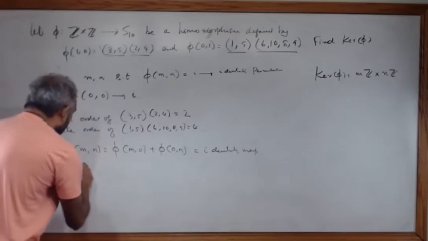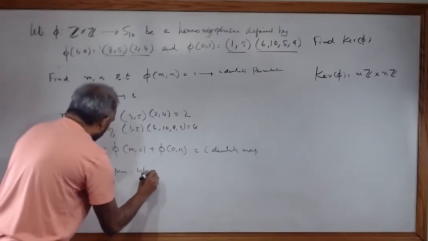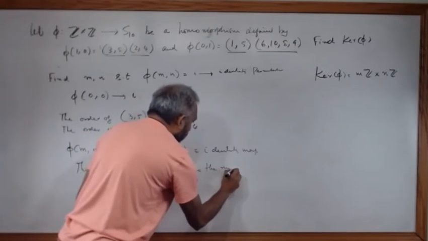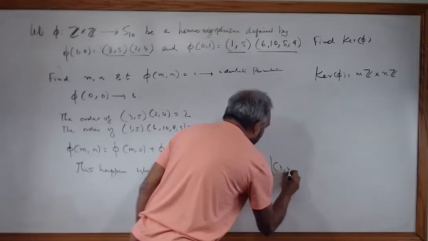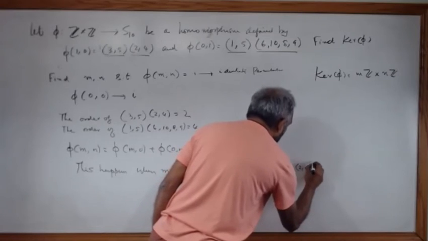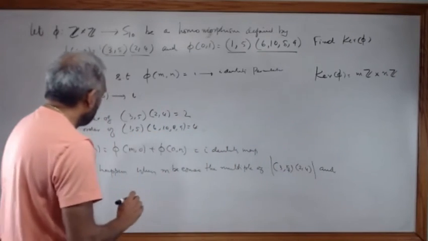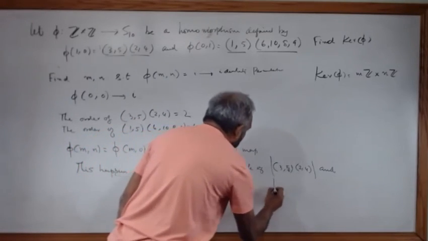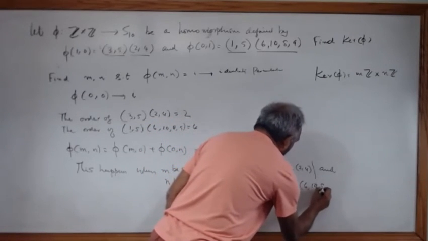So this happens when m becomes a multiple of the order of (3 5)(2 4), and n becomes a multiple of the order of (1 5 6 10 8 9).